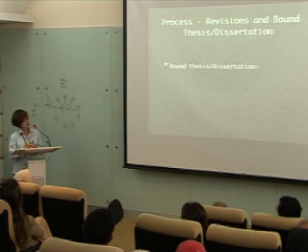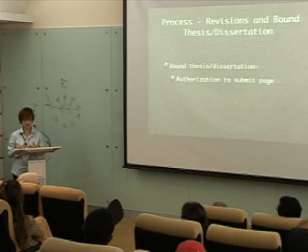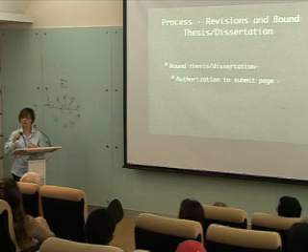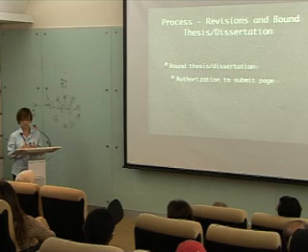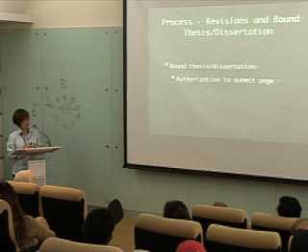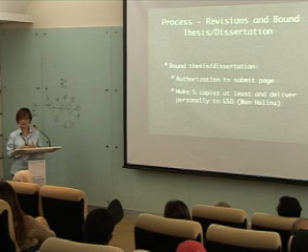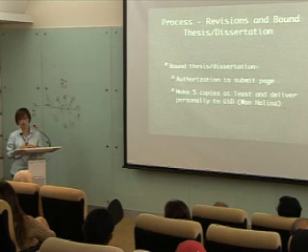So for your bound dissertation or thesis, make sure you have your authorization to submit page. That page will consist of all the signatures that you're going to need to make sure that everything is approved. Make 5 copies at least. GST requires 4 copies. You would want 1 for yourself.